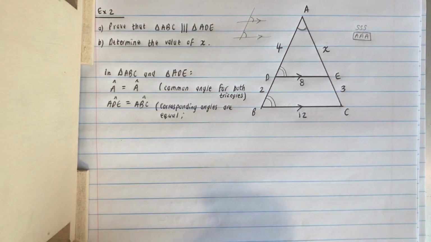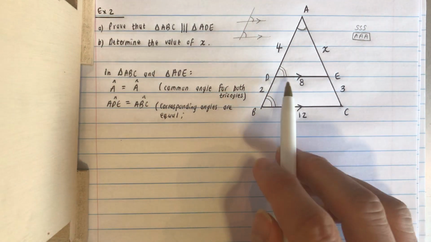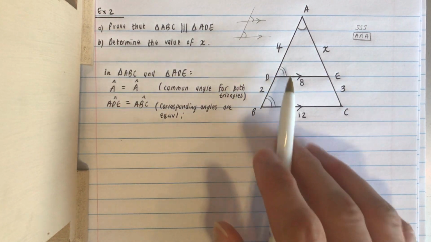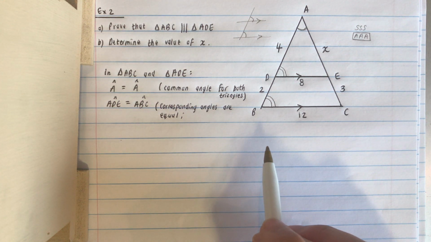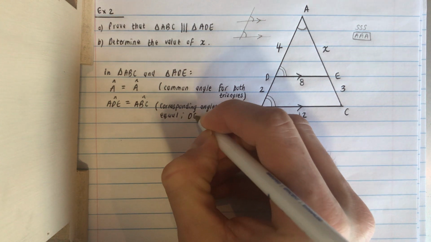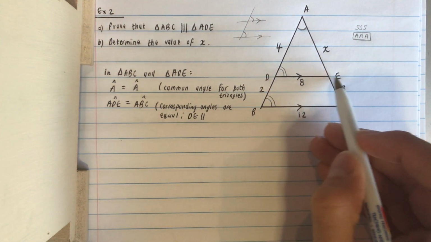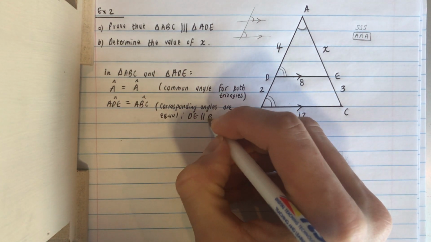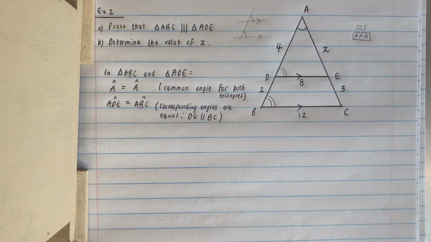And on top of that, we also need to say that we have parallel lines, because if we don't have parallel lines, these two angles cannot be the same. Okay, so we have to say DE is parallel, this is DE, it's parallel to BC. Okay, you have to put that in your reason as well.